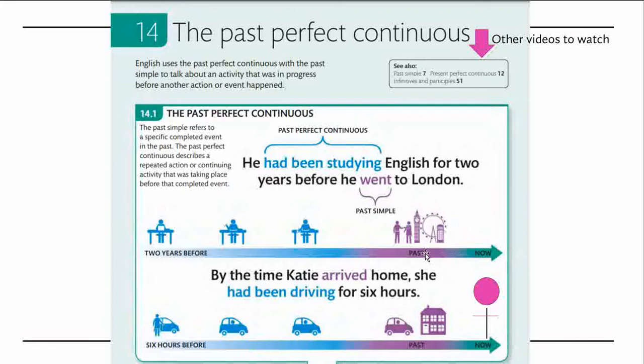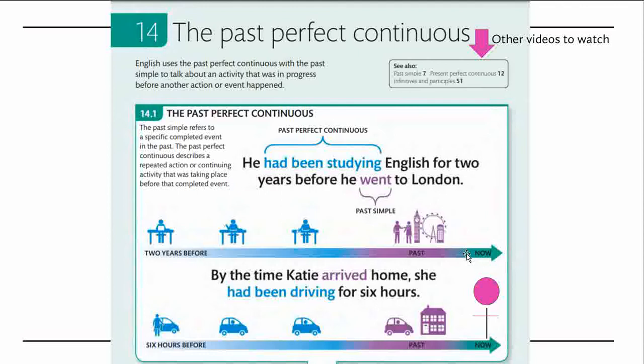So for the closer action, we use simple past tense. And when we go back further down on the timeline, we see a past continuous action which continued for a certain duration in the past. We use past perfect continuous tense for that.